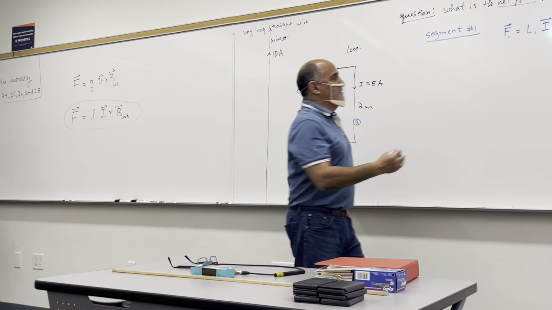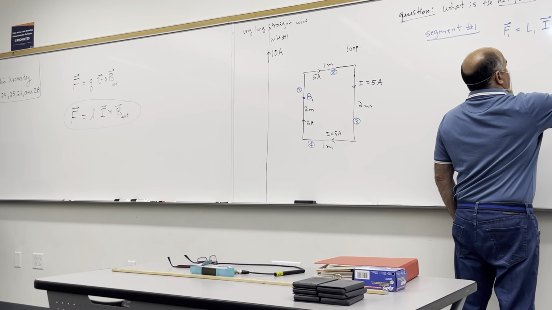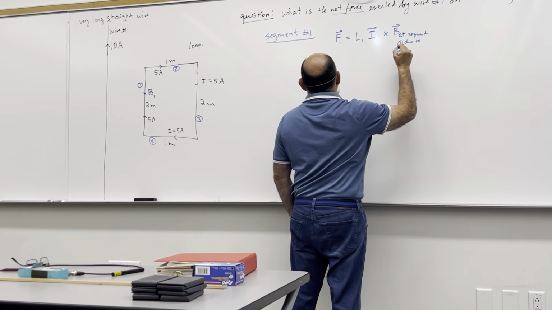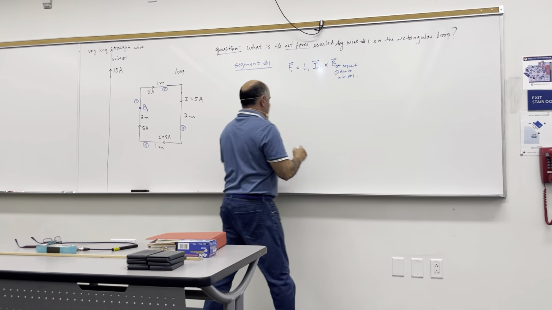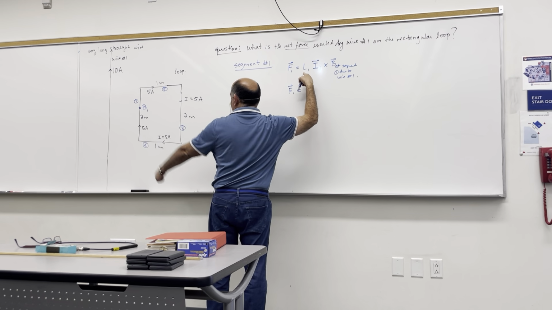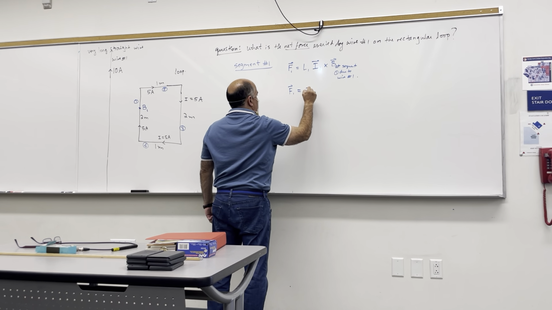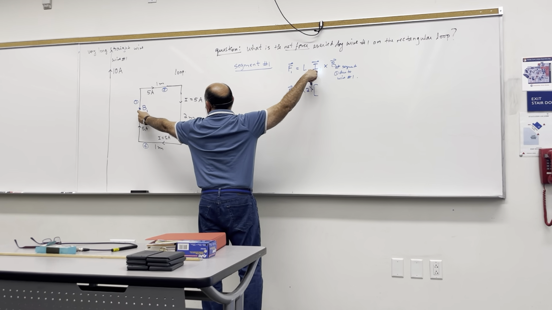So how about I say B at segment 1 due to wire number 1. So let's see, the length of that segment is what, 2 meters? I1, what is the current in this segment of the wire?